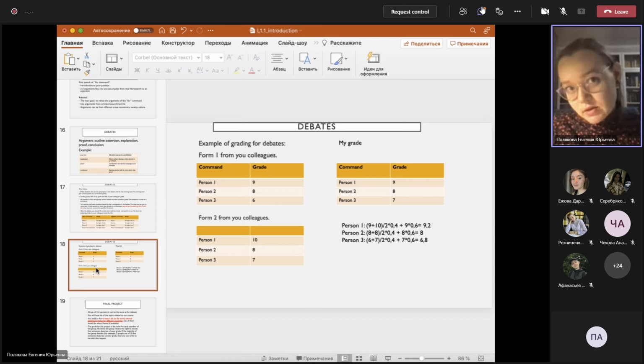We can do debates in Russian, but only if all people in both the for and against groups decide that this specific debate on this specific topic will be in Russian. Let's do it this way.